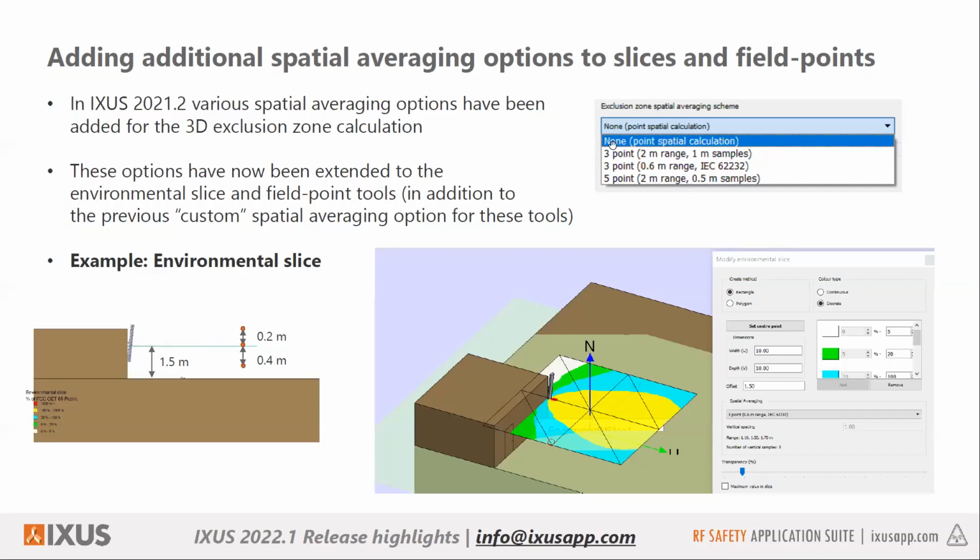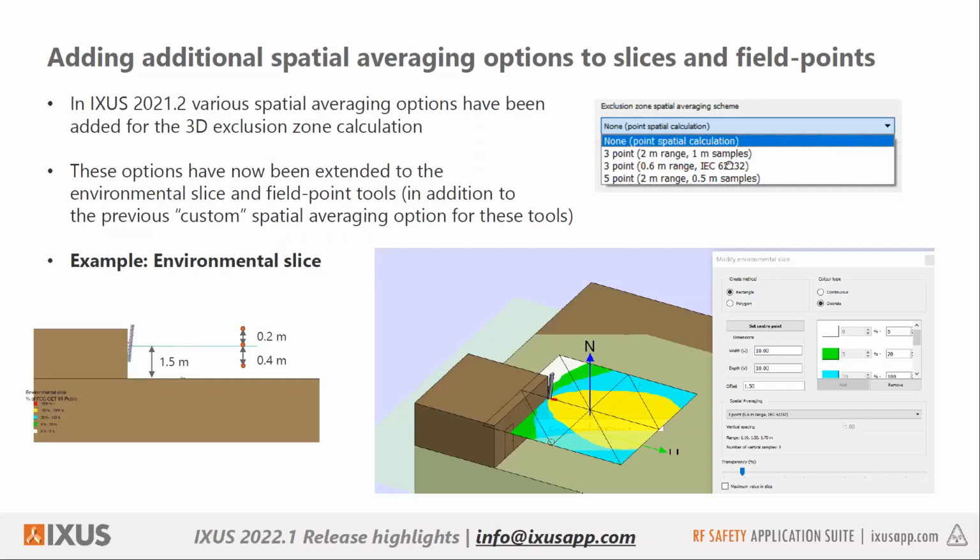So here on the top right, I list the current spatial averaging calculation schemes that are applicable for exclusion zones or for plumes. Now, none obviously means no spatial averaging. This is just a point calculation, so the field is evaluated at a particular point. And then there's the others, like over a 2 meter range, give me 3 samples, that's 1 meter spaced apart.